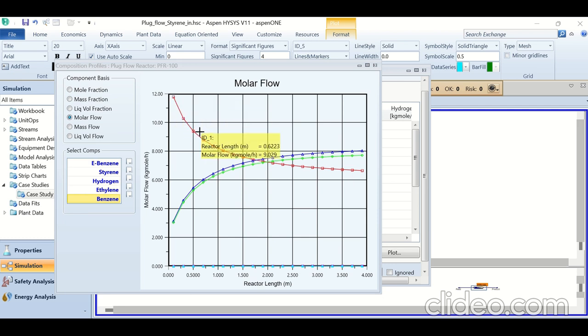You can see that as we proceed through the reactor, the number of moles of the ethyl benzene are dropping because of the conversion, and you can see that styrene and hydrogen and ethylene are increasing along the length of reactor.